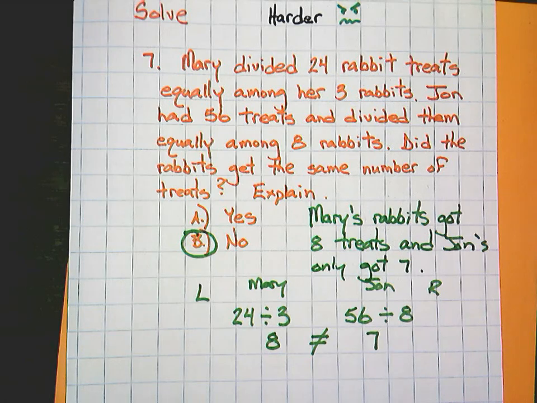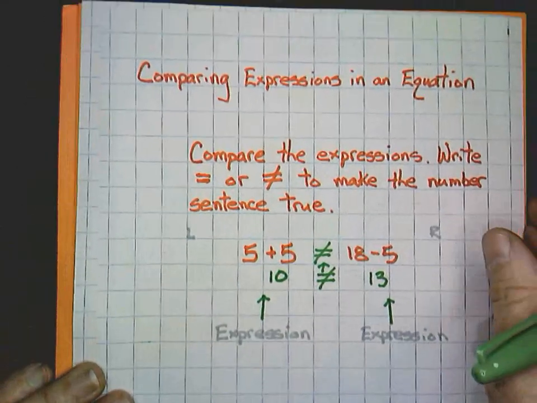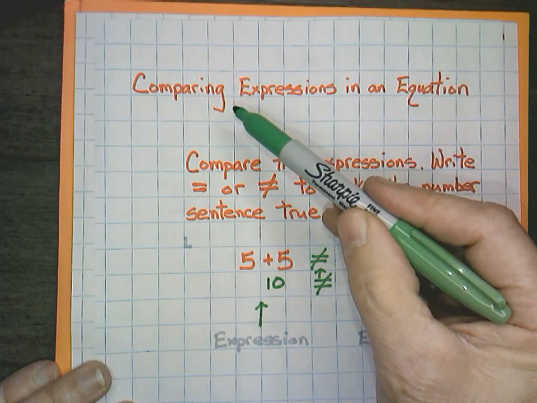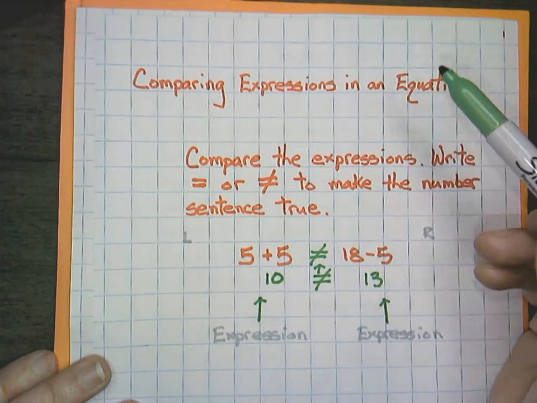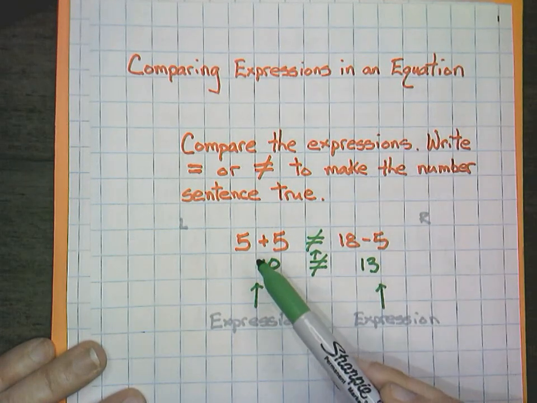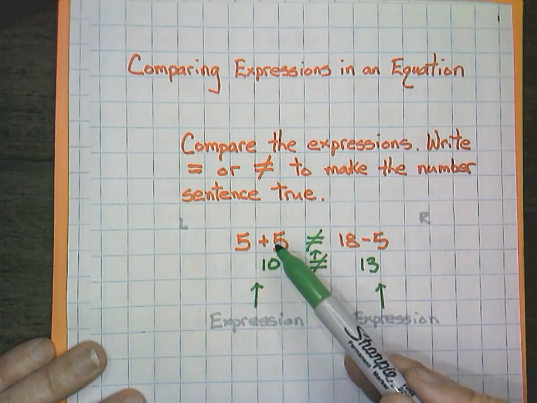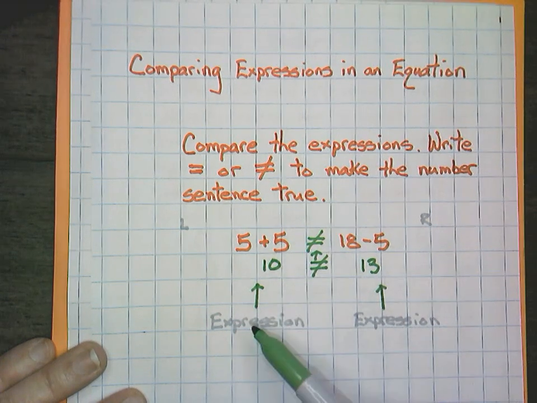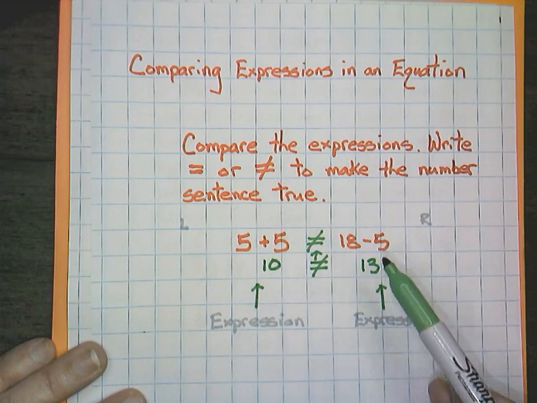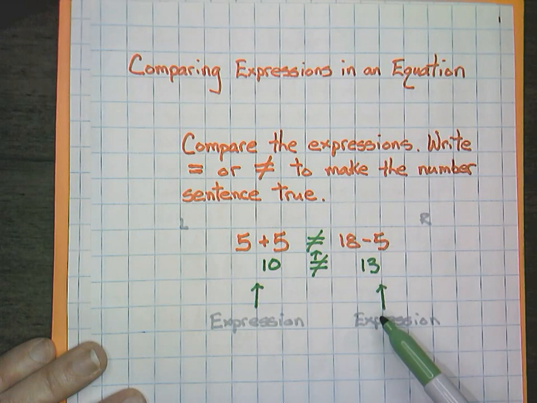All right, everybody. So again, today's lesson, just in real quick review, our job today was comparing expressions in an equation. We said that expressions are when you have numbers and symbols, but not an equal sign. So for example, 5 plus 5 is an expression, and this is an expression as well.